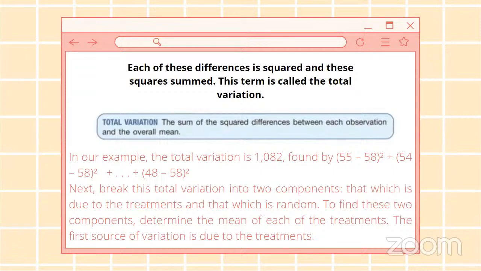Each of these differences is squared and these squares are summed. This term is called the total variation. Total variation is the sum of the squared differences between each observation and the overall mean.